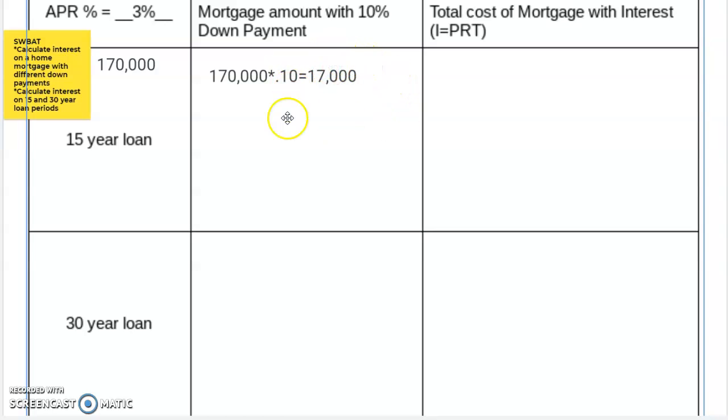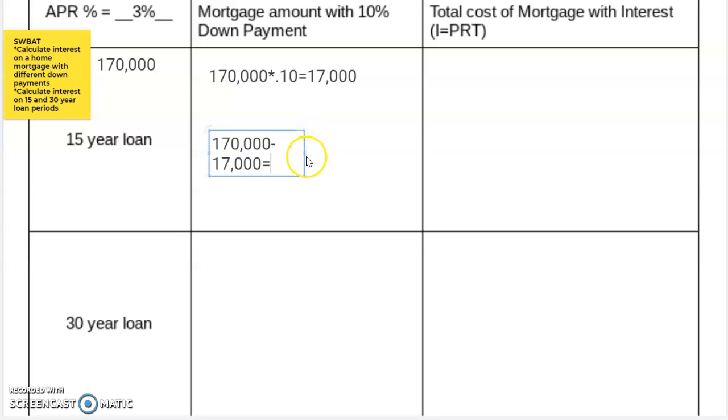Then to find out how much our loan is going to be, we're going to take $170,000 and subtract our $17,000 down payment. Whatever's left is what we're going to have to take our mortgage out for, which is going to be $153,000. That $153,000 is going to be our mortgage amount.